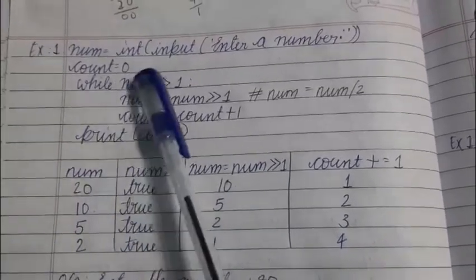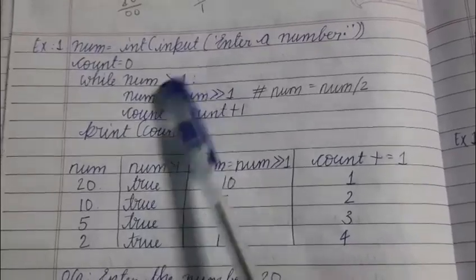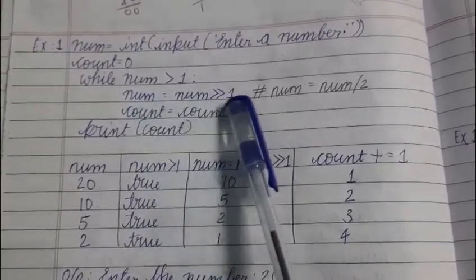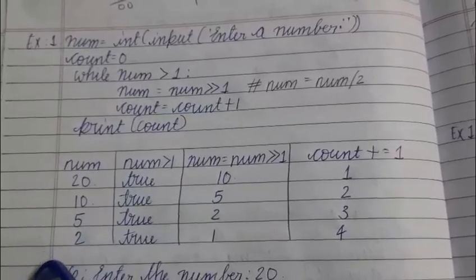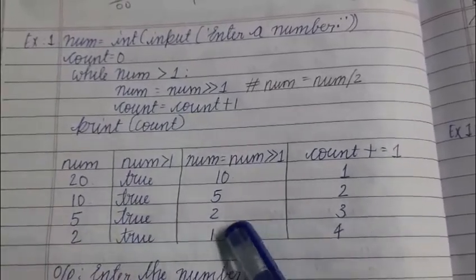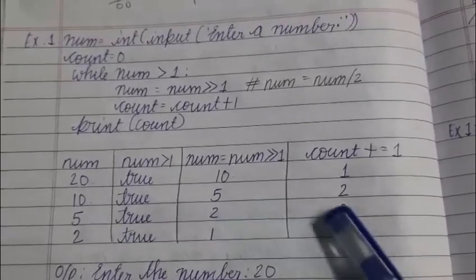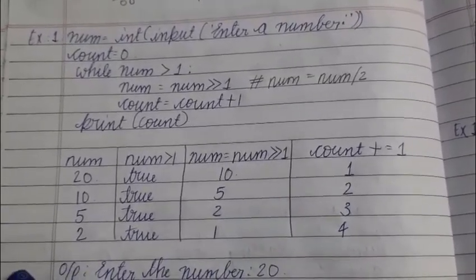Again we go and check the while condition. Num equals 5, which is greater than 1, and so the condition is true again. And now num equals num divided by 2, that is 2, and we also increment count, it becomes 3, and the third iteration is completed.